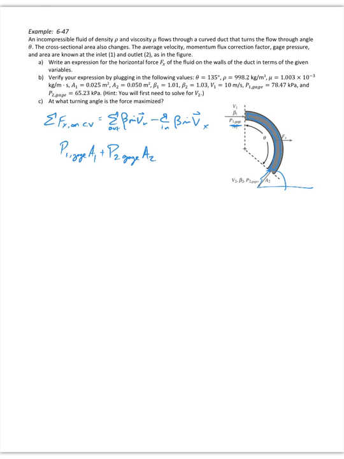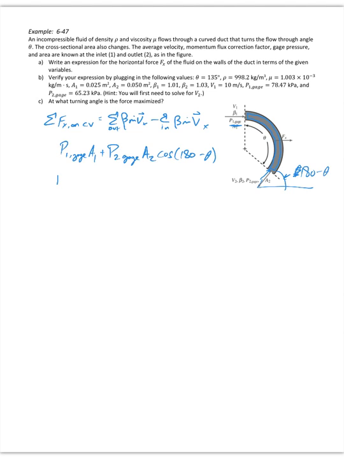The problem defines theta here, and so I need to write this equation in terms of theta. This angle right here is 180 minus theta. So I could write that here as cosine 180 minus theta, or cosine of 180 minus theta is equal to the negative cosine of theta.